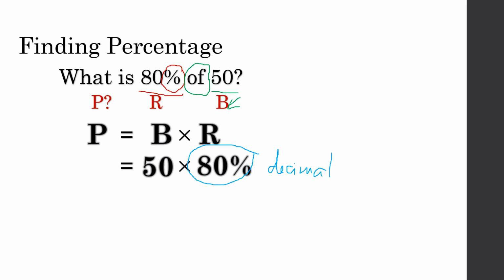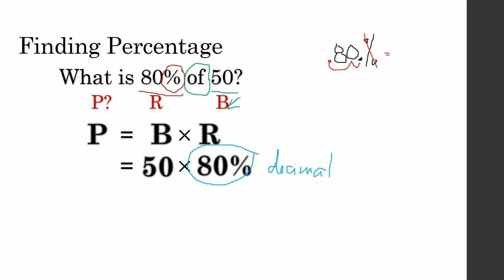Decimal. How? For example, 80%. Kapag may percent symbol pa, ang decimal point niya nandito. Ang gagawin mo, move the decimal point 2 places to the left. Therefore, andito na yung tuldok niya. Okay. Tatanggalin mo na yung percent symbol.